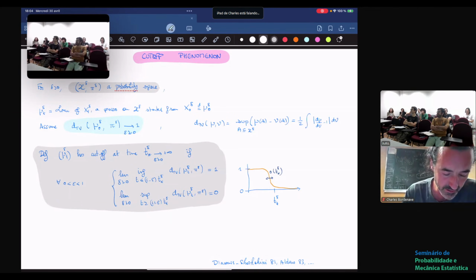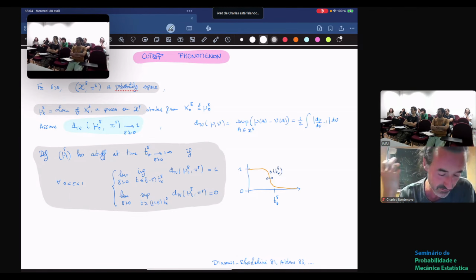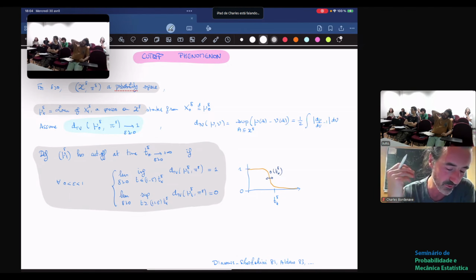On this probability space, you are given a process X_t delta, indexed by delta. Delta is a measure of the size of your space, typically the volume.